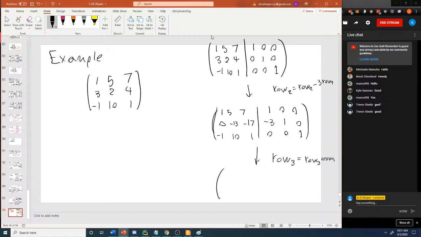First 2 rows stay the same: 1, 5, 7, 1, 0, 0, 0, -13, 17, -3, 1, 0, and then I have 0, 15, 8, and 1, 0, 1. Again, I only ever change things below this diagonal.